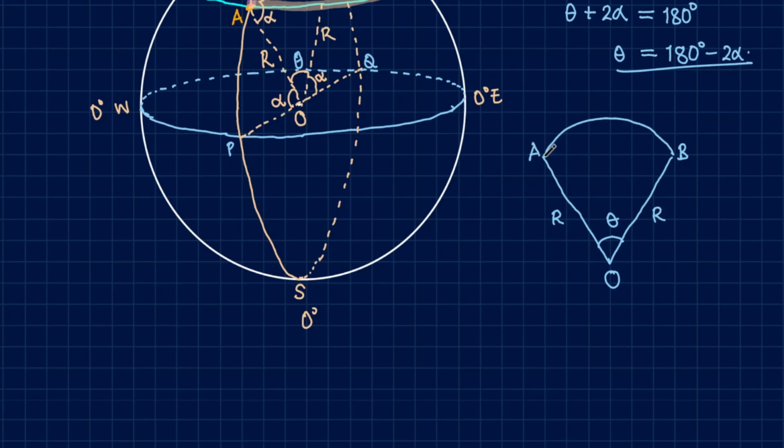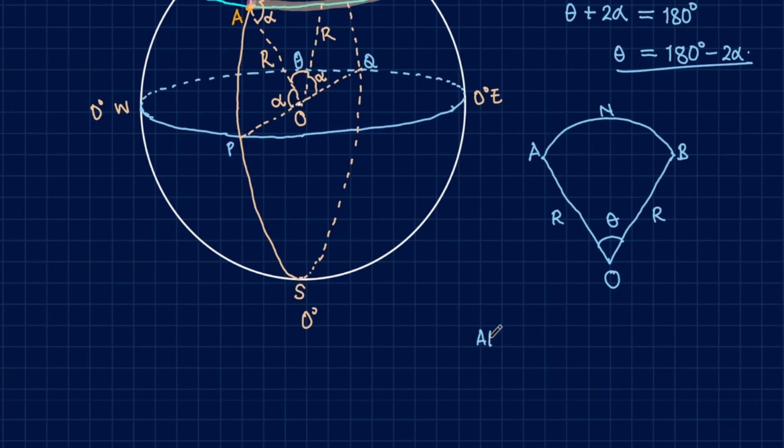So for now, our main interest is to get this distance AB. Now, since it's a minor sector, we need this angle over 360 as the center degrees. So remember, our N is also somewhere here. That is the North Pole.